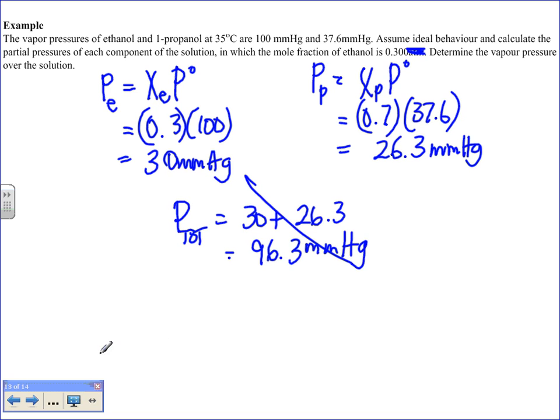And we've got the overall total pressure. So that concludes our discussion of vapor pressure lowering. The final lesson of this unit will be boiling point elevation and freezing point depression, which are also colligative properties. And we're going to be using molality in order to do calculations in that section.